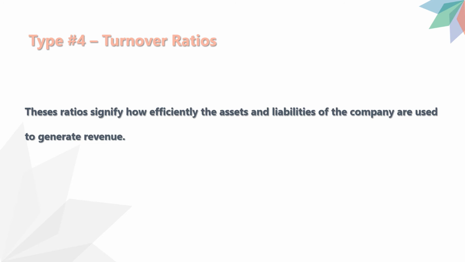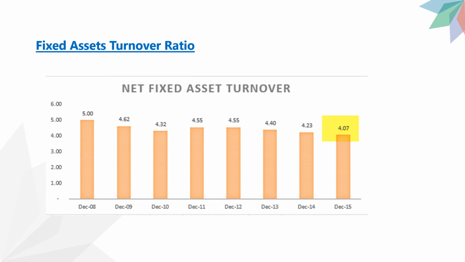Type number 4, turnover ratios. These ratios signify how efficiently the assets and liabilities of the company are used to generate revenue. Fixed assets turnover ratio, as shown in the graph below. December 2008, 5. December 2009, 4.62.